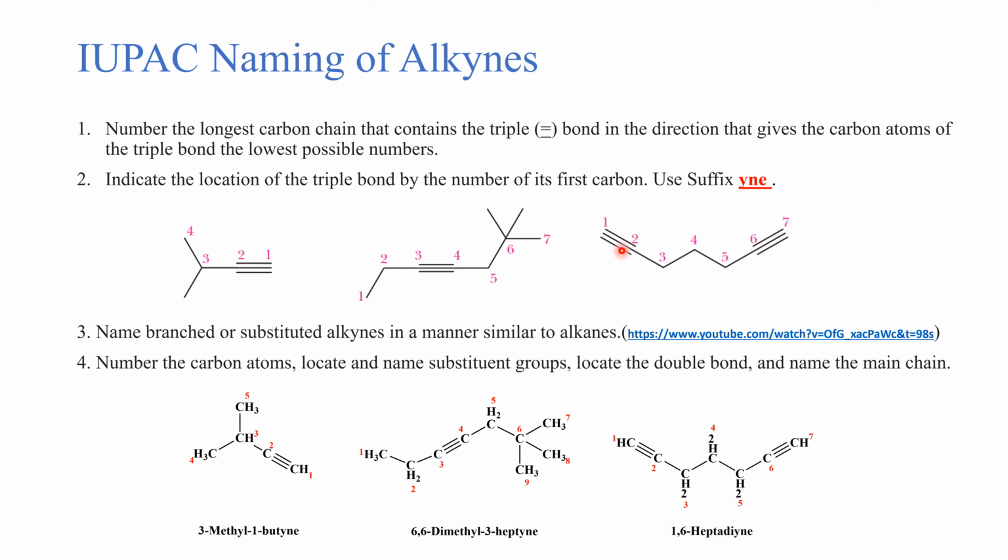And mentioning their positions in the molecule, we will write 1 and 6, and we will repeat these positions, because if we are only writing the 1 or only writing the 6, then the name is not correct, because here we are mentioning it as di, so there must be 2 triple bonds. So where is the second triple bond? We have to mention its position. So this is 1, 6 heptadiyne.